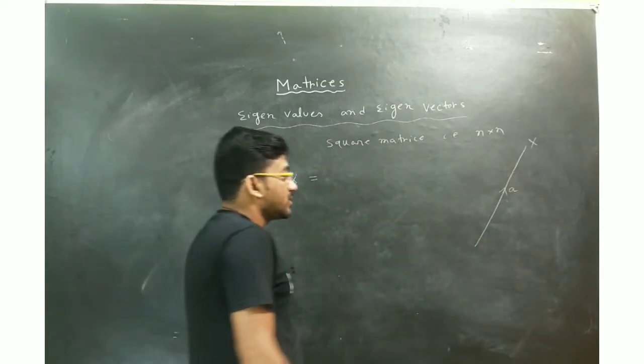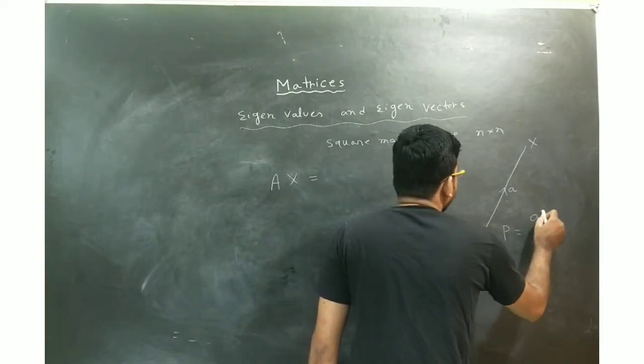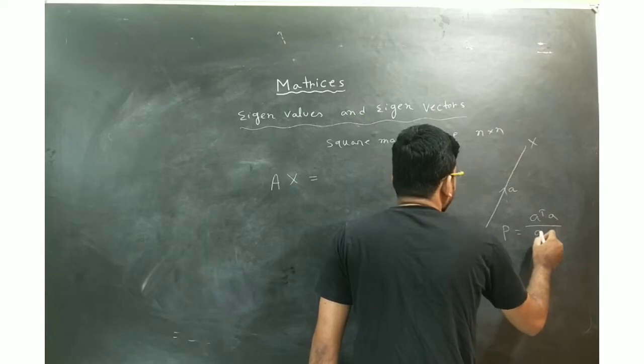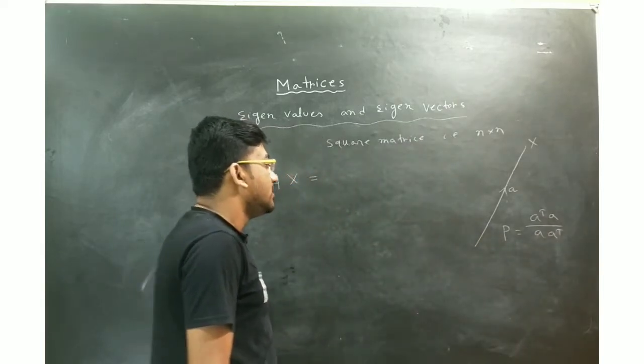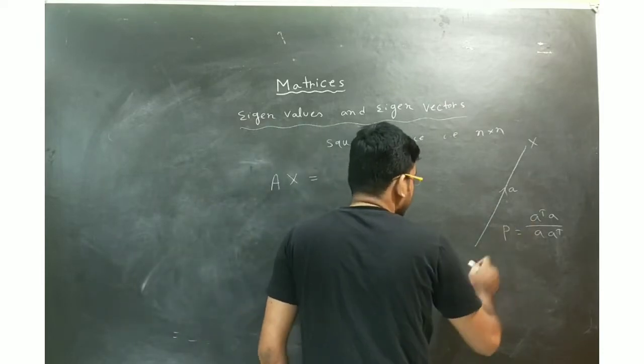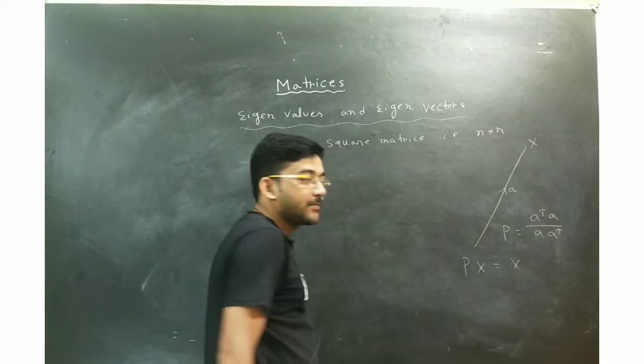Now if you have a projection operator P, that is obviously A A transpose divided by A transpose A, and you operate on x along this line, then you will get x obviously.